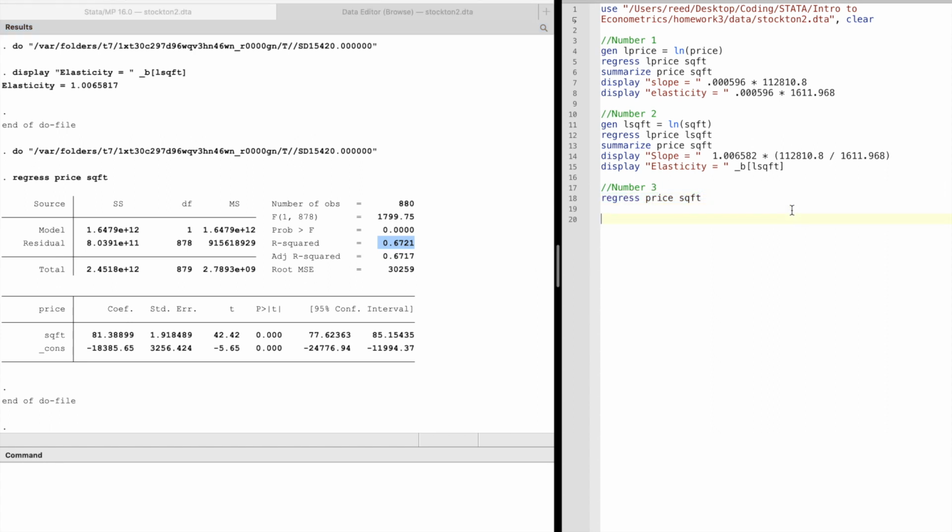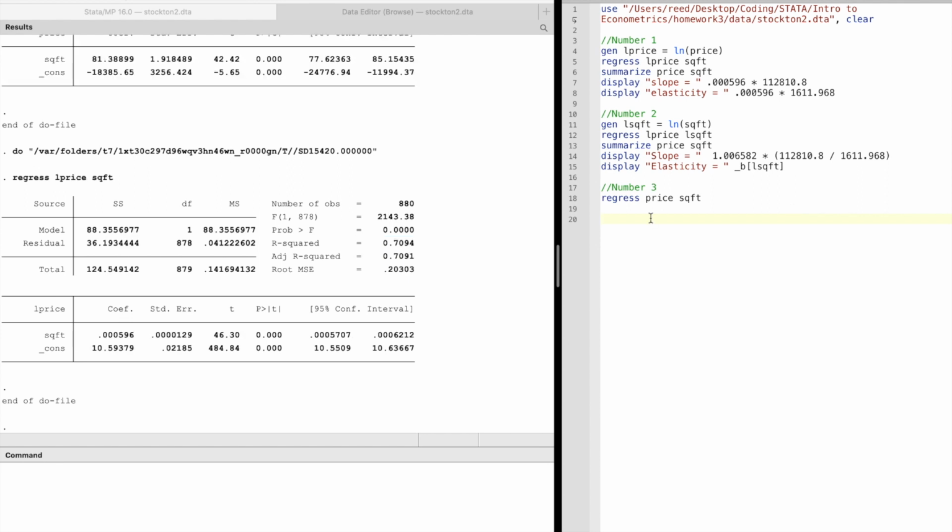To do this for a log linear model or a log-log model is not as simple. So we have a generalized r-squared measure, and it's something like the correlation between price and our prediction of price. So first we need to create a prediction of price. We'll call it price hat.